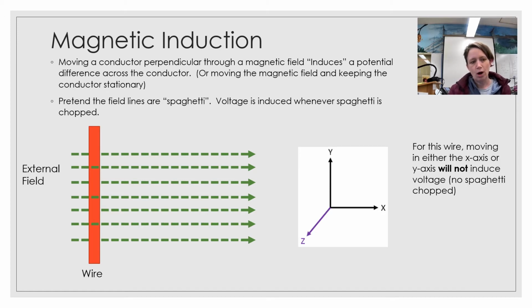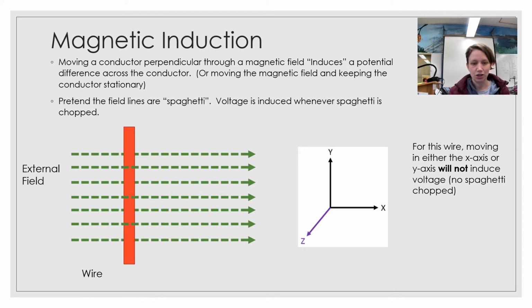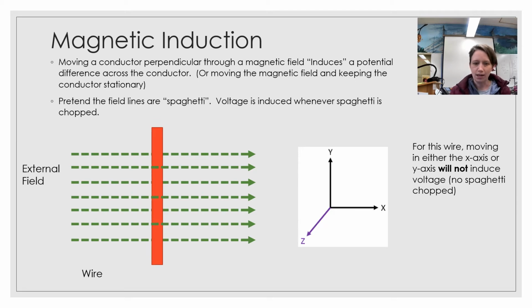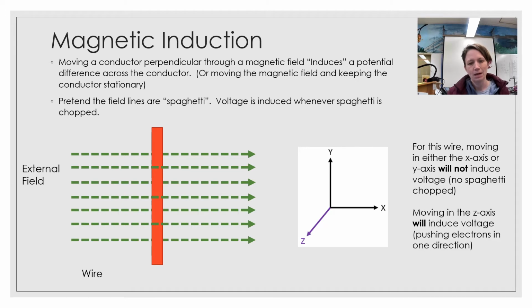If you think about the wire that is drawn on the page, that red wire in the external field that's going in the x-axis, if you take that wire and you move it either in the x-axis like shown or in the y-axis, you are not going to induce any voltage in this wire because the spaghetti is not being chopped. We're just sort of sliding through the forest of spaghetti.